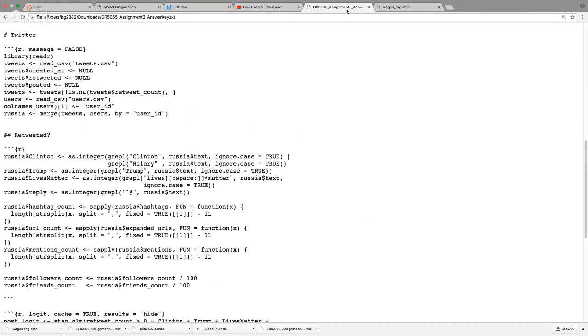So we can create binary variables. Does it mention Clinton? Does it mention Trump? Does it mention Black Lives Matter, or any other lives matter phrase? Is it a reply to someone else, which you can get by passing a regular expression?